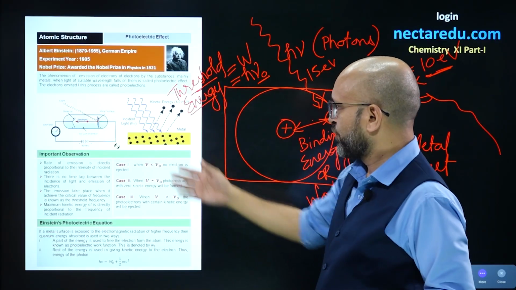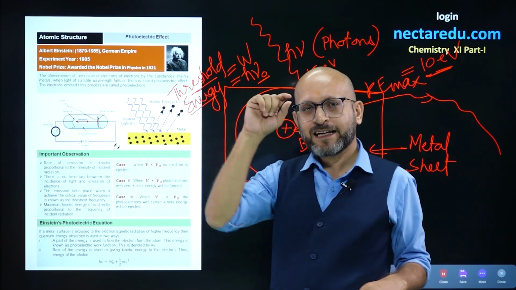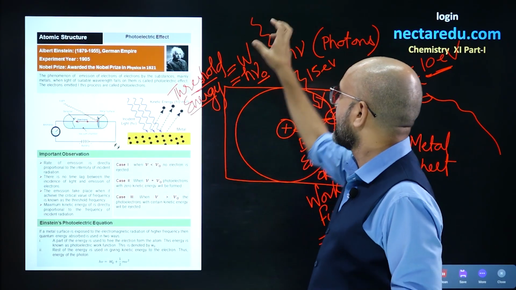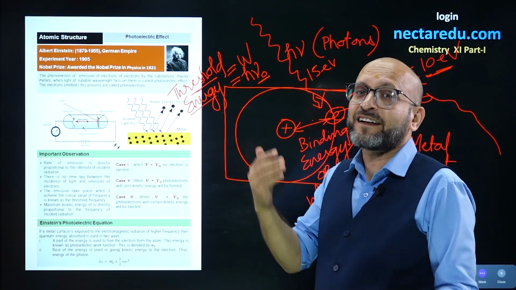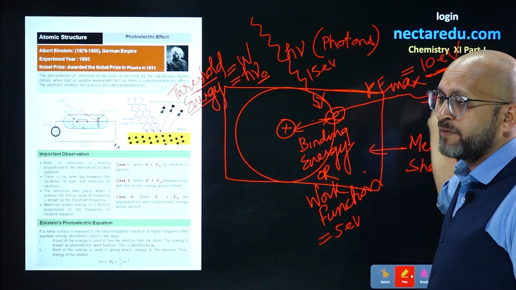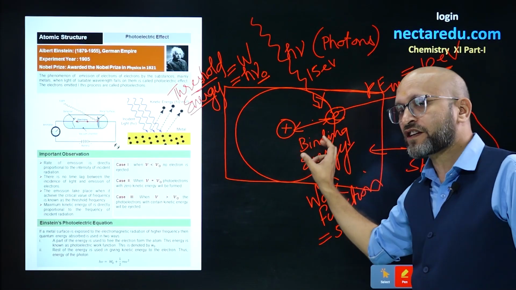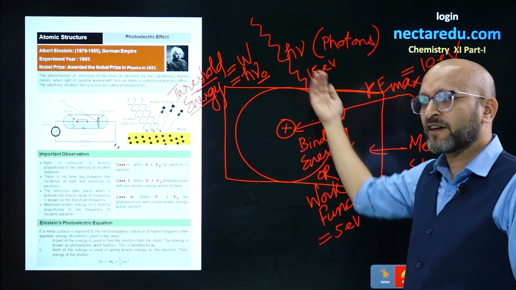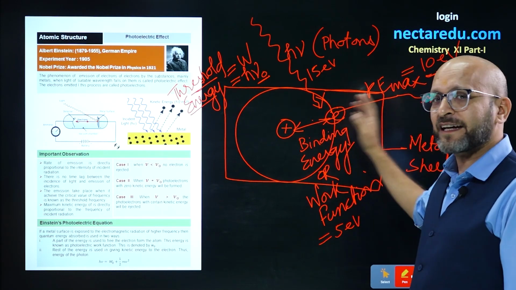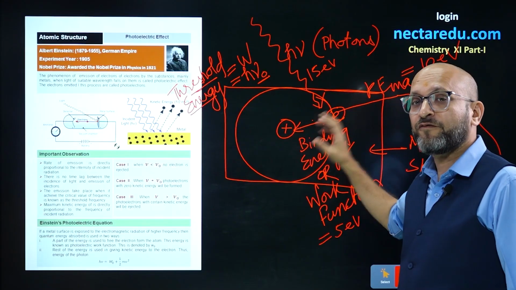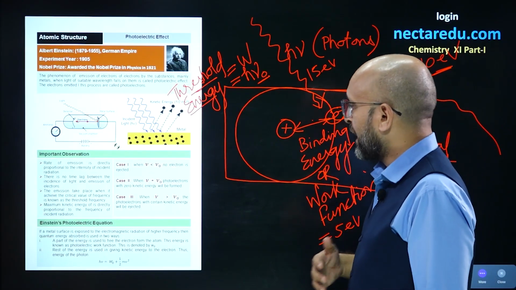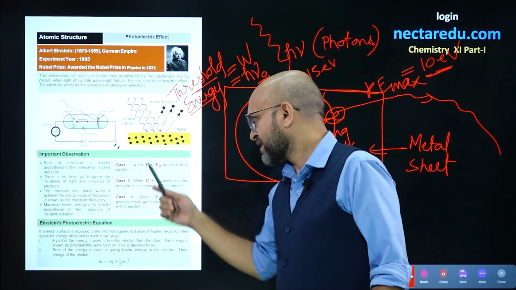All right, a few more points. If the energy or frequency of the falling light is more, then the kinetic energy of the ejected electrons will be more because the work function is a constant value. So the higher the falling light energy, the more will be the kinetic energy of photoelectrons. Some three cases we have discussed over here.